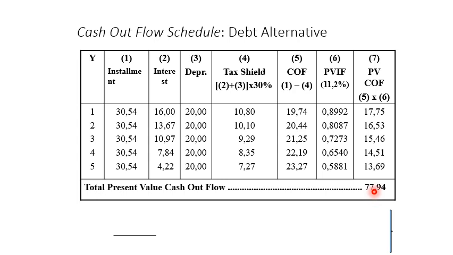So this comes from the loan for purchasing the asset. Now we will also calculate the cash outflow which comes from leases.